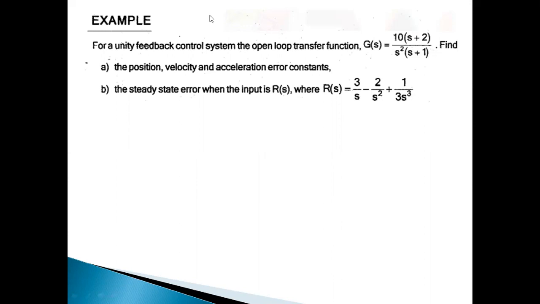That means we have to find out Kp, the position error constant, the velocity error constant, and the acceleration error constant. Kp means limit s tends to 0 of G of s into H of s, that is the position error constant when the input is unit step input.